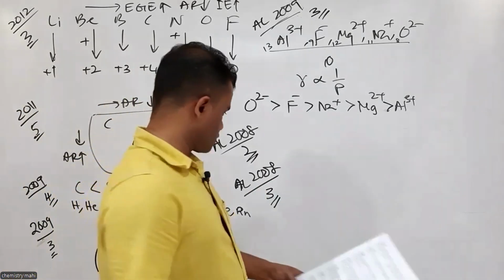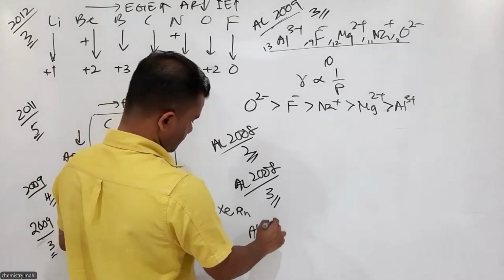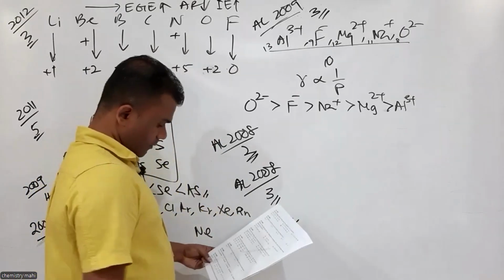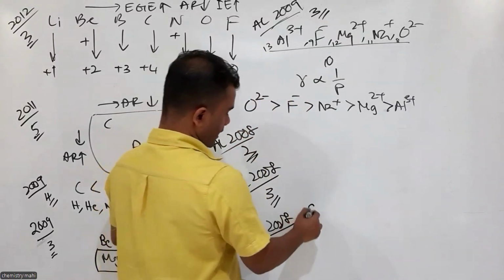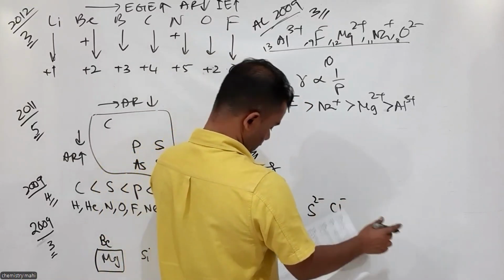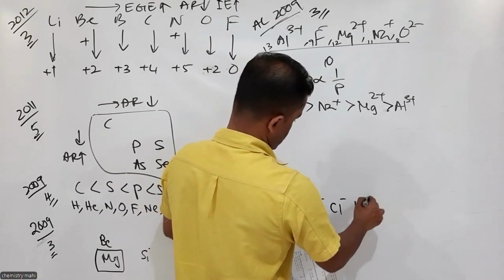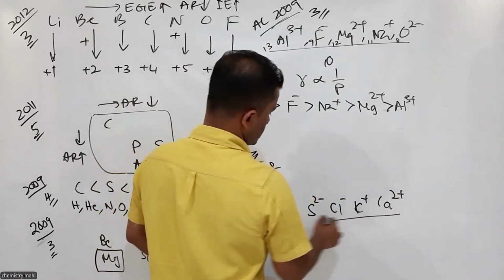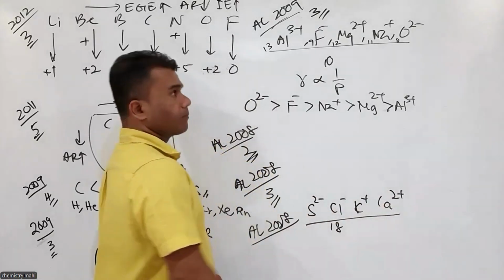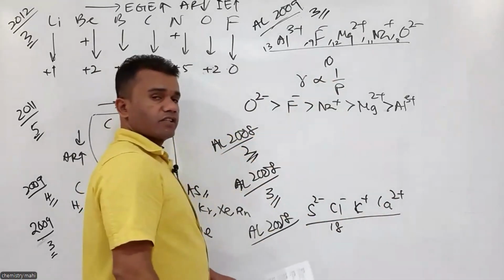Last question, 2008, last one. It's given the correct decrease in order of the radii. When you look at these things, again, isoelectronic: sulfide, chloride, K plus, calcium 2 plus. All of them have 18 electrons, isoelectronic. We apply this one: radius inversely proportional to proton.